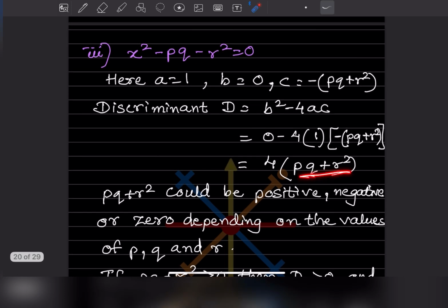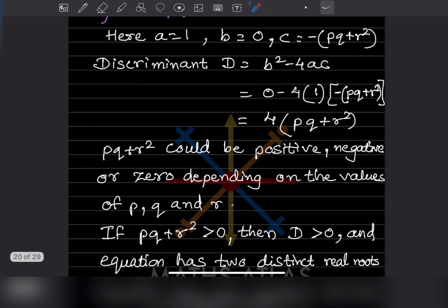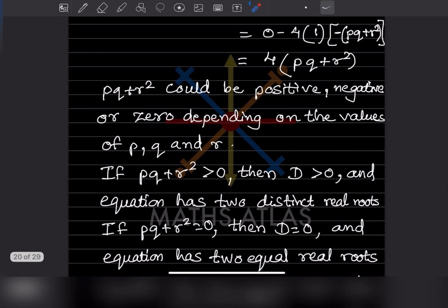So now what you can see, this PQ plus R square could be positive, negative, or it can be 0, depending on the values of PQR. We don't know what the values of PQR are. So there are three possibilities. Either it will be positive, negative, or 0. If PQ plus R square is greater than 0, then the discriminant is greater than 0, and the equation has two distinct roots.